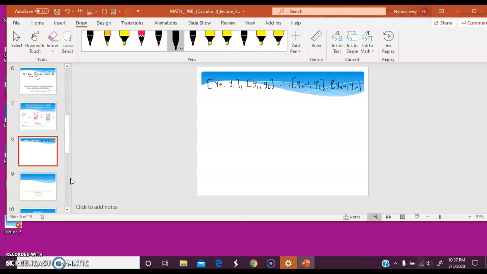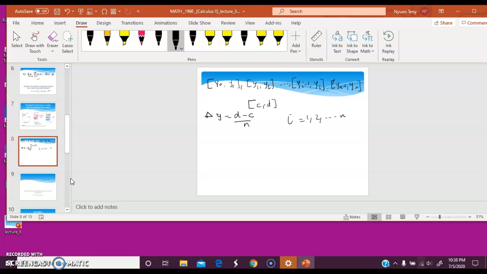So what did I partition? I partitioned this interval into n subintervals, and delta y is equal to (d minus c) over n. Here i is equal to 1, 2, all the way to n.